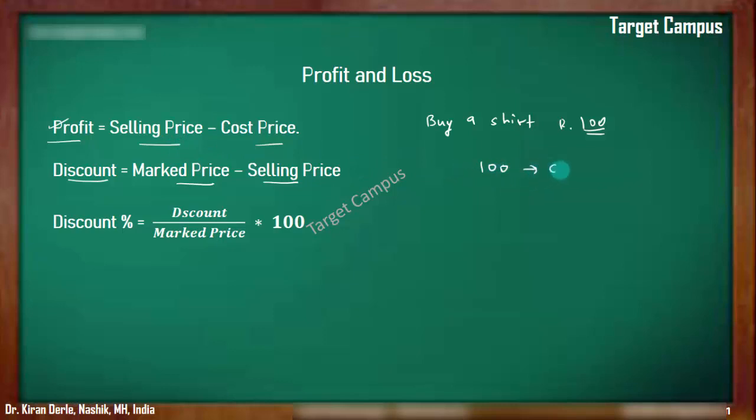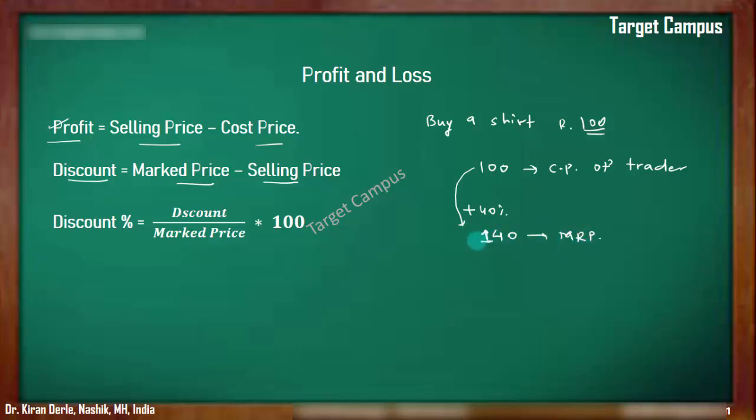This is the cost price of the trader or shopkeeper. What he'll do is mark it up by, let's say, 40%. So the price on the shirt would become 140. He'll print the price as 140. This becomes his MRP.